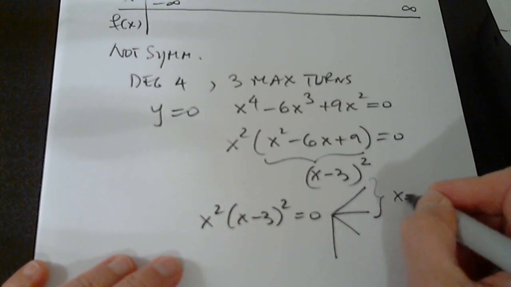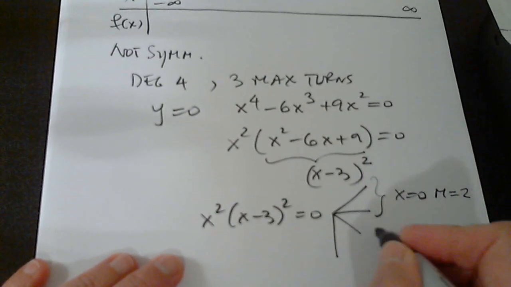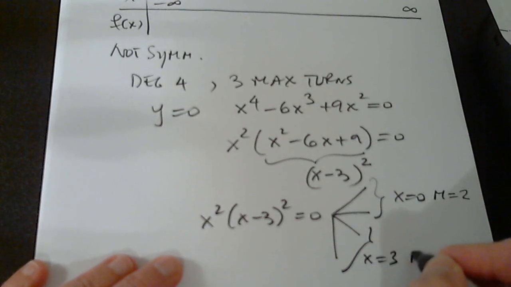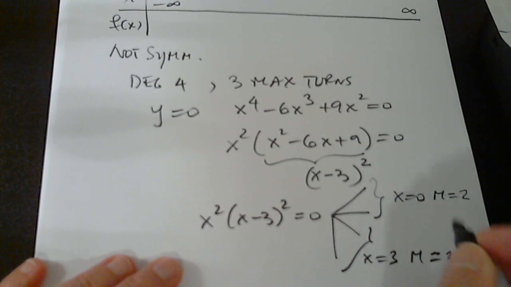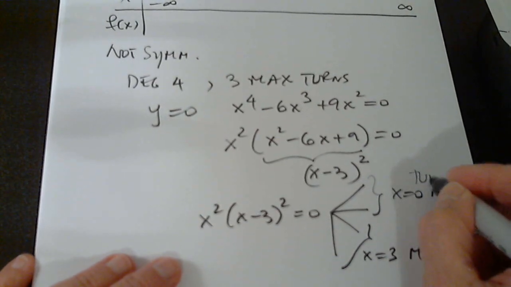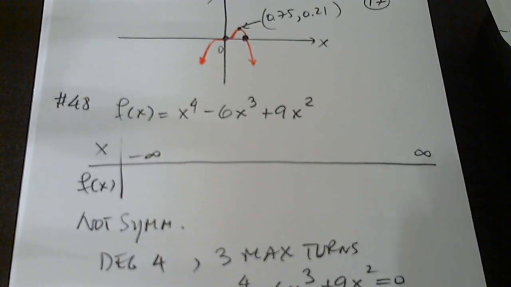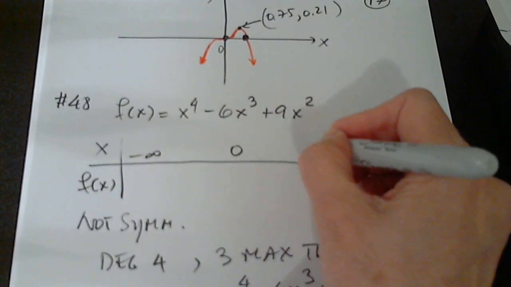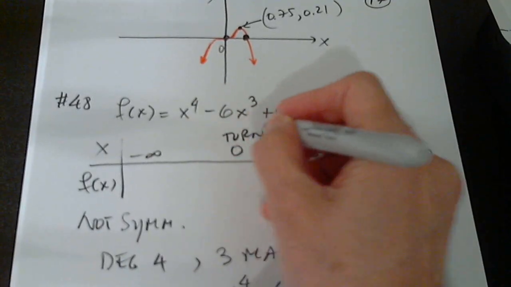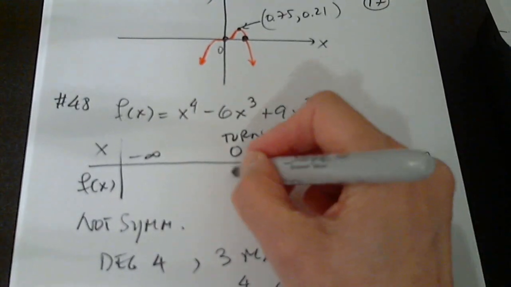Indeed, x equals 0 with multiplicity 2, and x equals 3 with multiplicity 2. Multiplicity 2, characteristic: turn, turn.